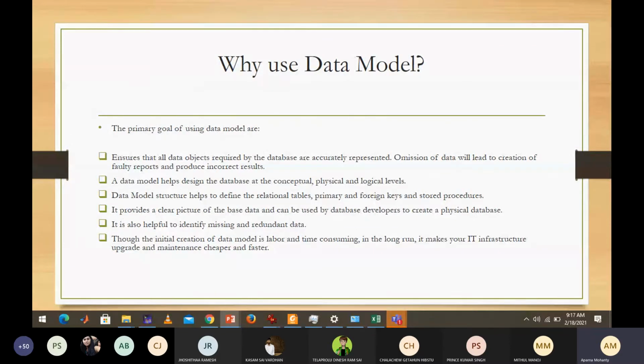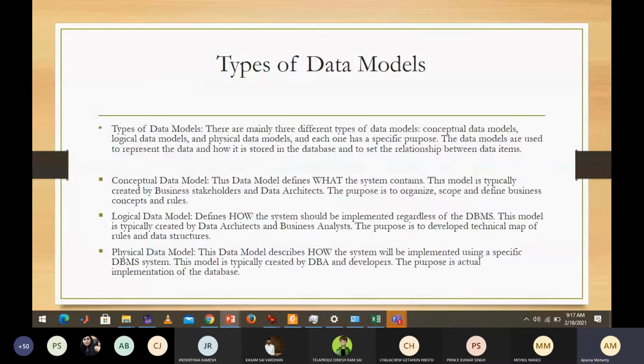So what are the three types of data models? One is the conceptual data model. Next are the logical data model and the physical data model. Conceptual means answering the first question: what is the model, what does the system contain. That is dealt with by the conceptual data model.